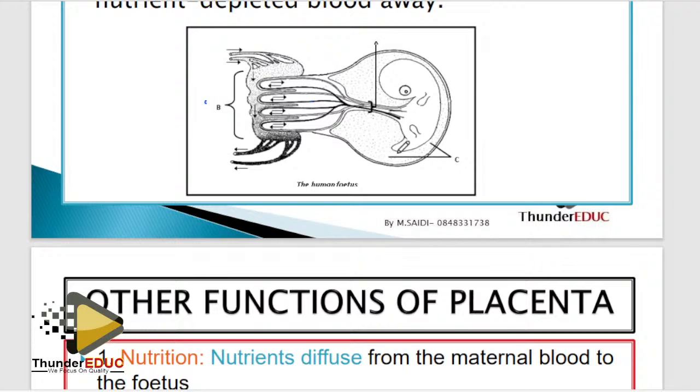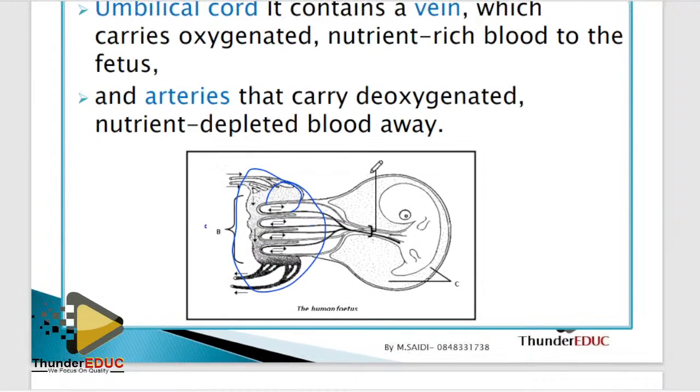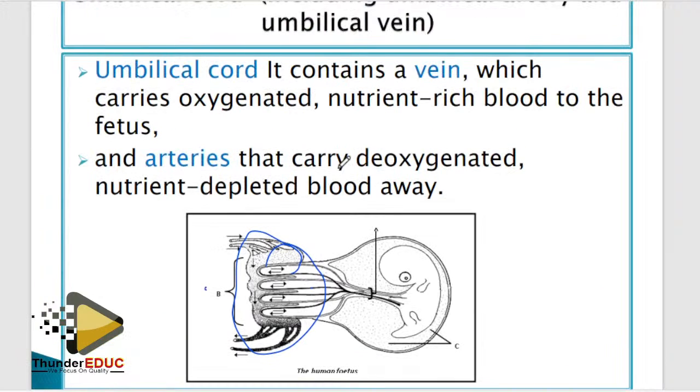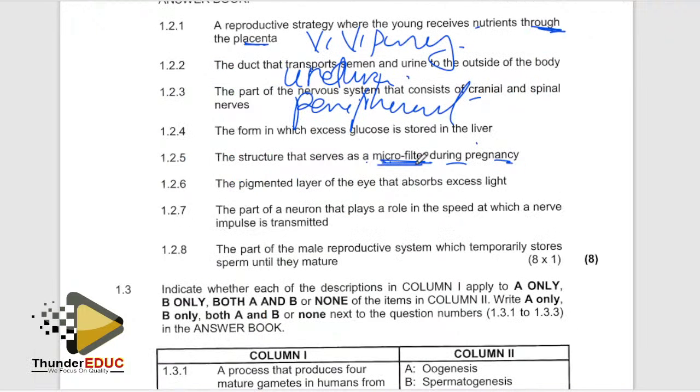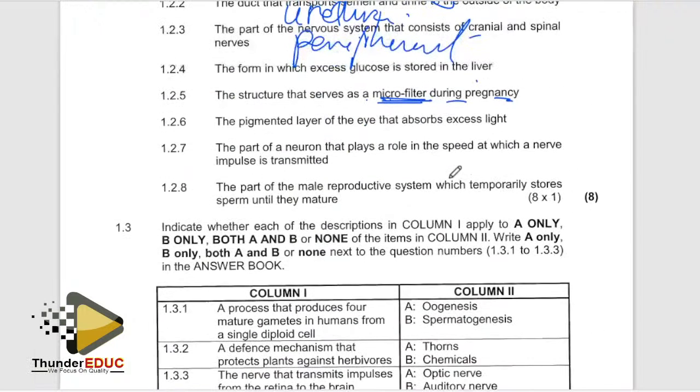The processes which are being done by the kidneys are exactly the same processes which are being done by the placenta. All right, so guys, that is it. That's what you're supposed to know, and this is the one which they said carries oxygenated blood. This is the other objective we talked about, but I didn't want to come back to the distinction material to show you that. Anyway, just use the distinction material for paper 2 so that you don't lose the distinction. At least you still have 2 days.